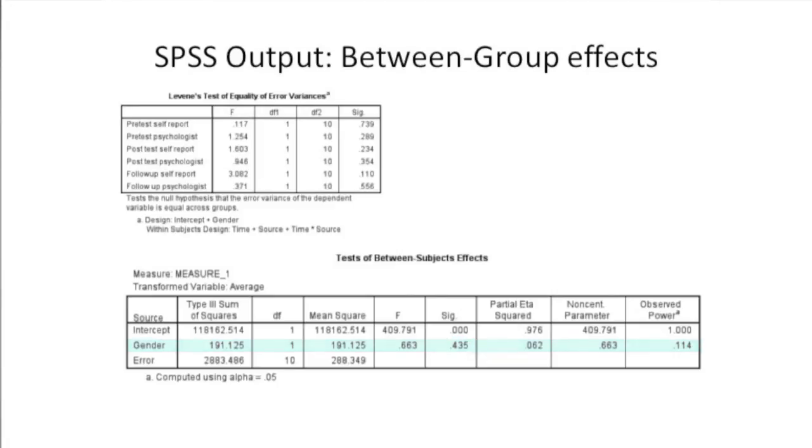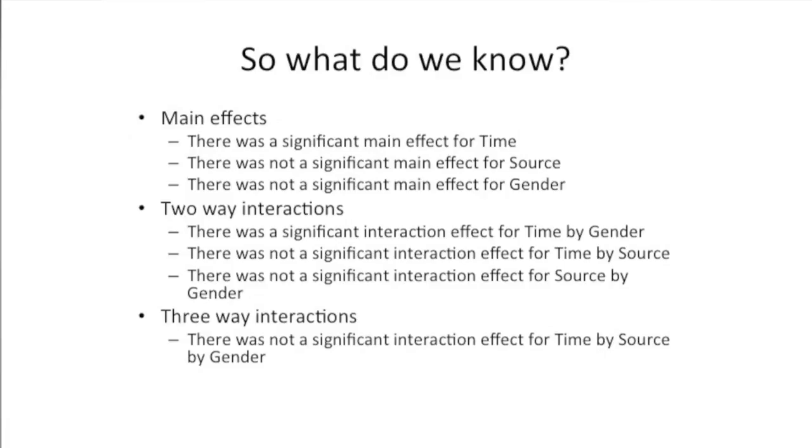So what do we know? If we look at the main effects, there was a significant main effect for time. There was a non-significant main effect for source, and there was a non-significant main effect for gender. What about when we look at the two-way interactions? There was a significant interaction between time and gender.